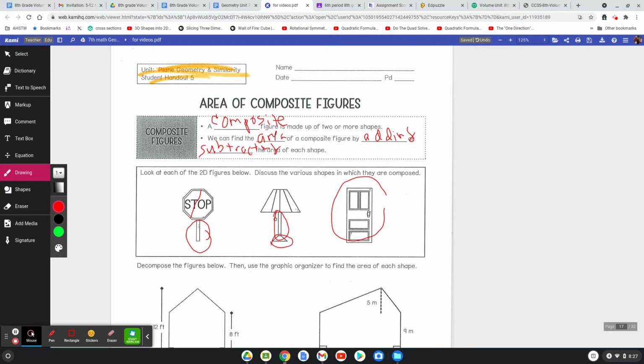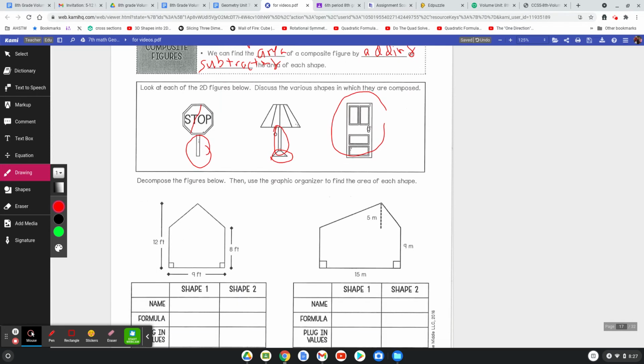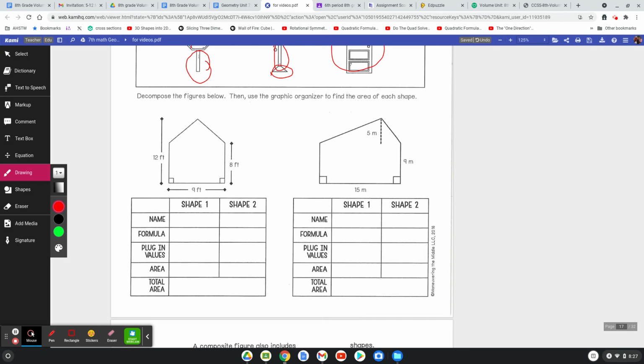So most figures are comprised of more than one figure. So we're going to decompose these figures below. And so you would draw a line to help yourself. The first one, I'm going to draw a line here because then I notice I have a triangle, and I'm just going to write the shape, triangle. And I know that formula is base times height divided by 2.